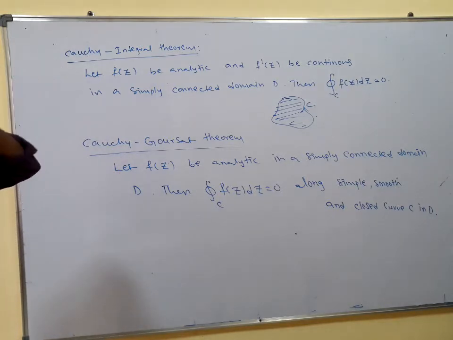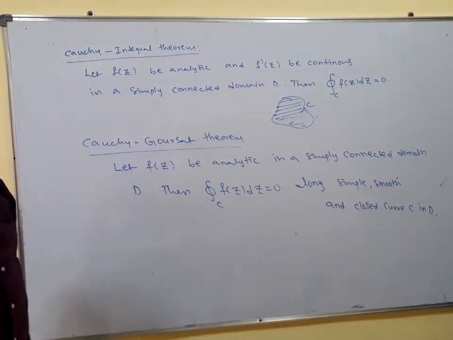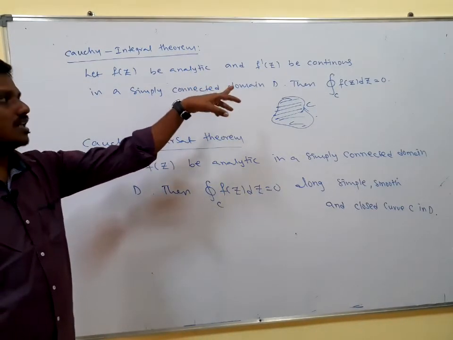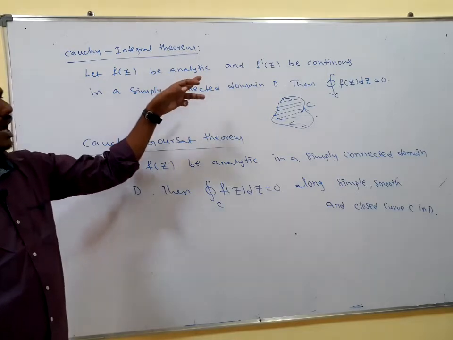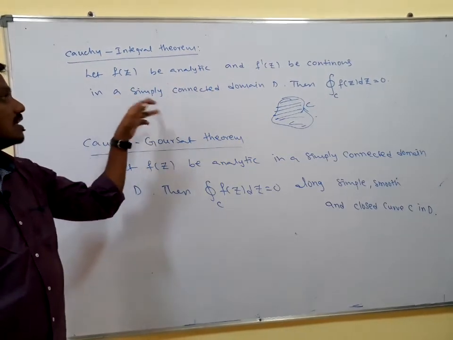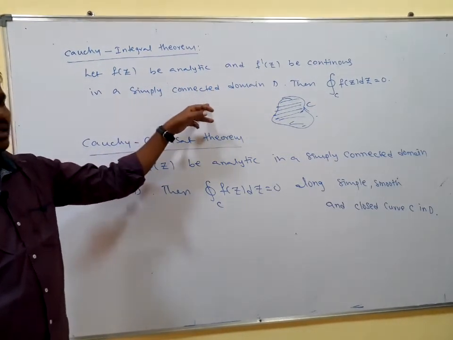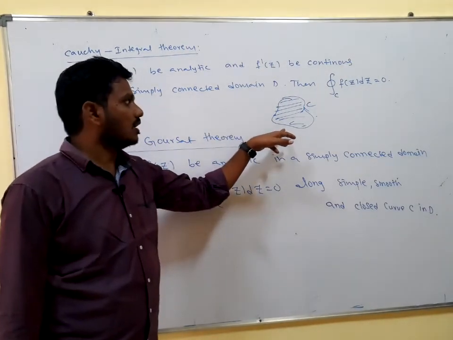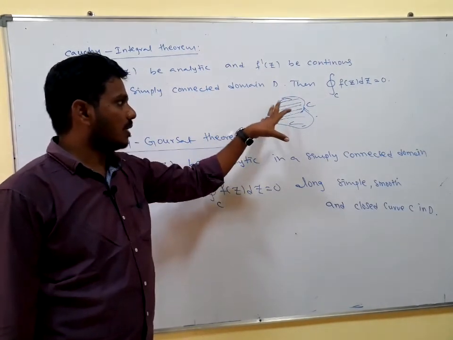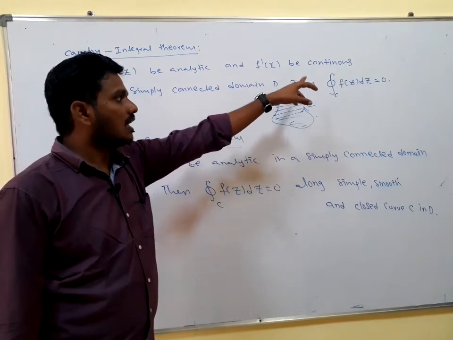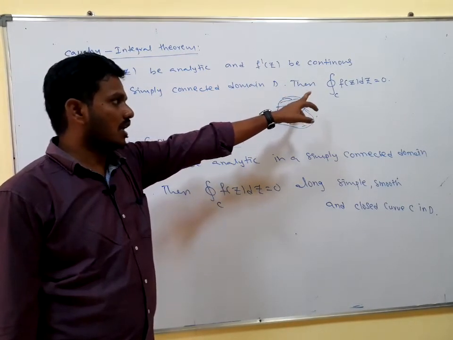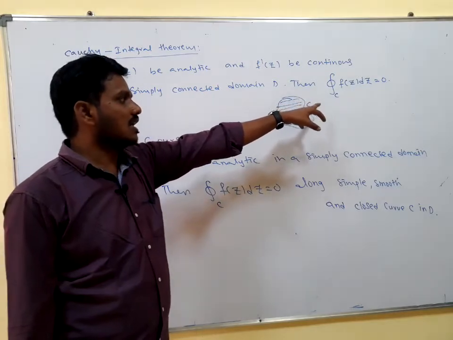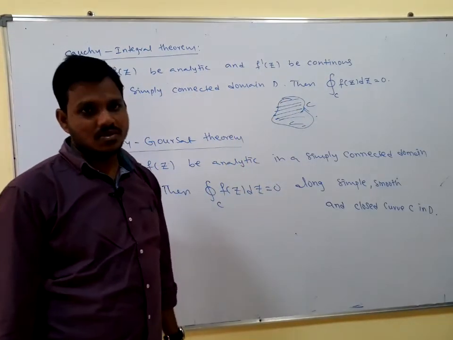Okay, Cauchy's integral theorem: let f of z be analytic, and f dash of z be continuous in a simply connected domain D. This is a simply connected domain D. Then the closed integral, where C is a smooth closed curve, integral over C of f of z dz is equal to 0.